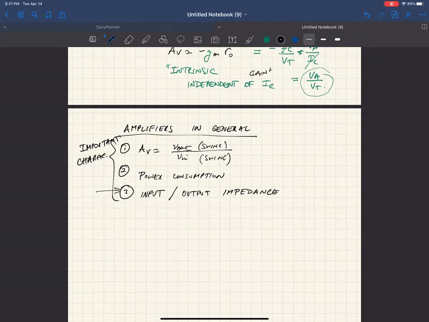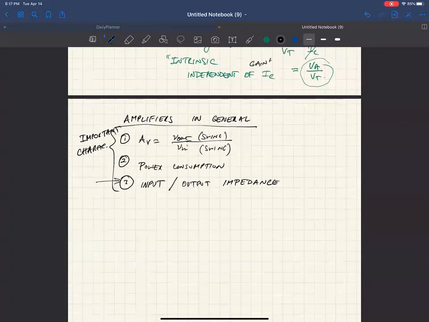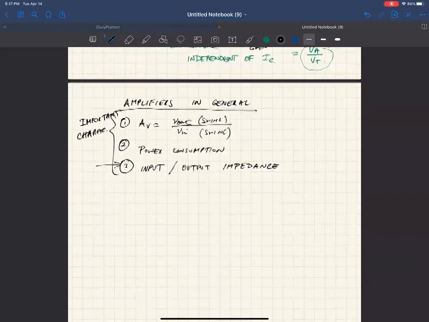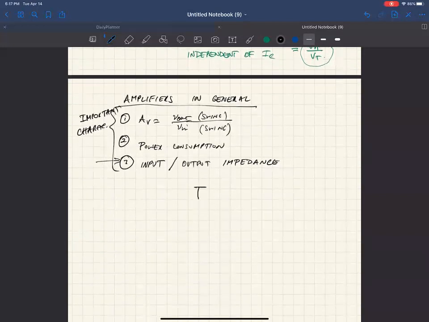And just by looking at the common emitter amp, okay? So we have, again, just redrawing this guy. This is the input, and here's the output.